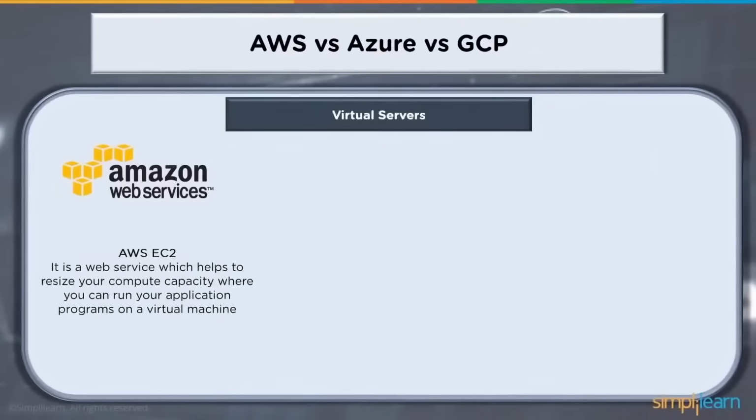When we talk about virtual servers, Amazon's EC2, that is Elastic Compute Cloud, is a web service which basically helps to resize your compute capacity where you can run your application programs on a virtual machine. So using the EC2 service, you could launch virtual instances that could have any distribution of Linux, Windows.